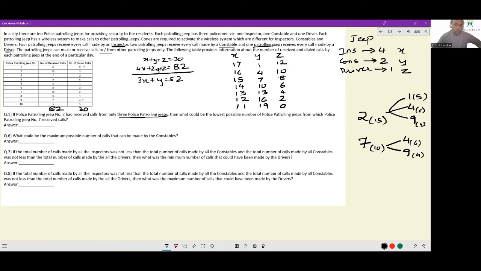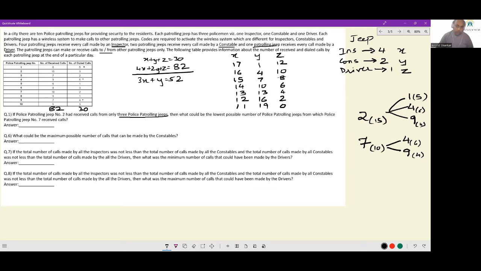Why we are able to pull this off is, remember the inspectors and the constables, their calls go out to multiple jeeps. So if all the calls that were received here by police patrol Jeep 2 were all from inspectors, these 5 calls that have gone out, 6 calls, 4 calls, they can go to multiple jeeps.